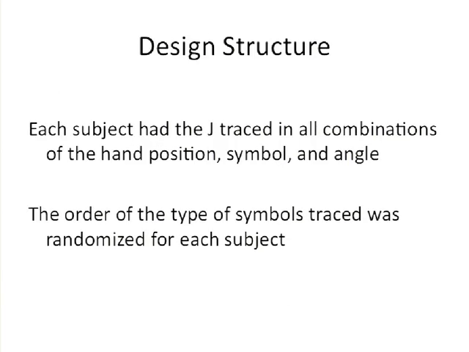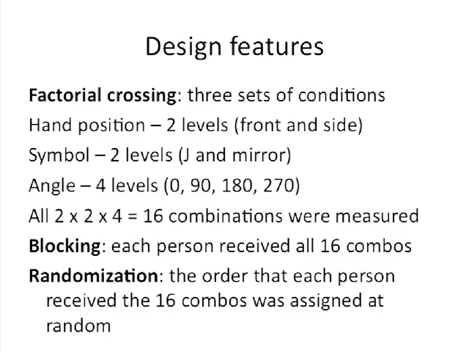That's factorial crossing. So that's the last piece. So we did all 3 things in this experiment. We randomized the order of assigning each of those 16 possible combinations. We blocked. We gave them all to each person. And we factorial crossed.